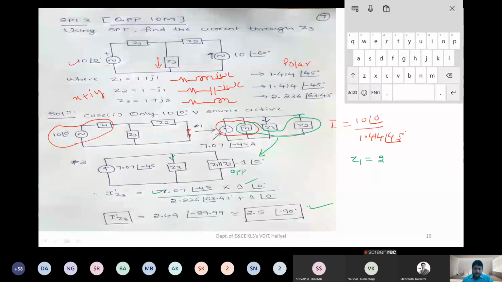If I make it just 2 plus j2, take it as an assignment. In your separate assignment notebook, put today's date and write whatever I am telling you, so it will be verified. Don't say that it is not known, everything is recorded. So take Z1 as 2 plus j2 and practice.